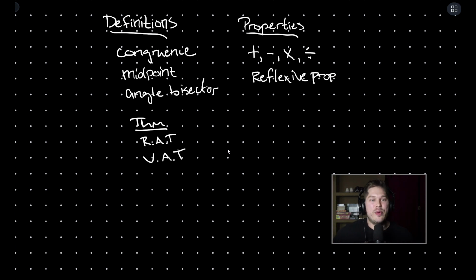Now, if we're dealing with parallel lines, recall that if we have some parallel lines present and we have some transversal line, then we have things like alternate interior angles. Well, here are alternate interior angles. So the alternate interior angle theorem tells us that those angles are congruent.